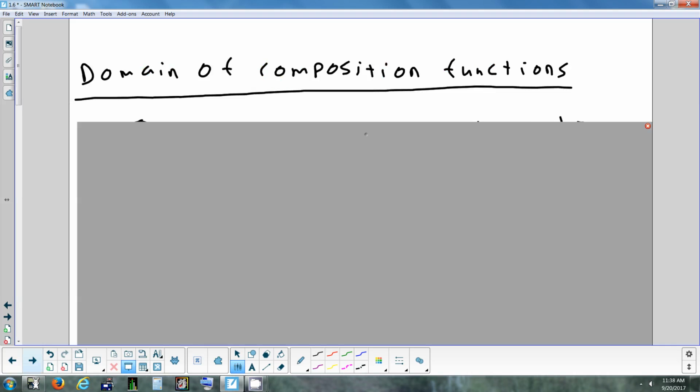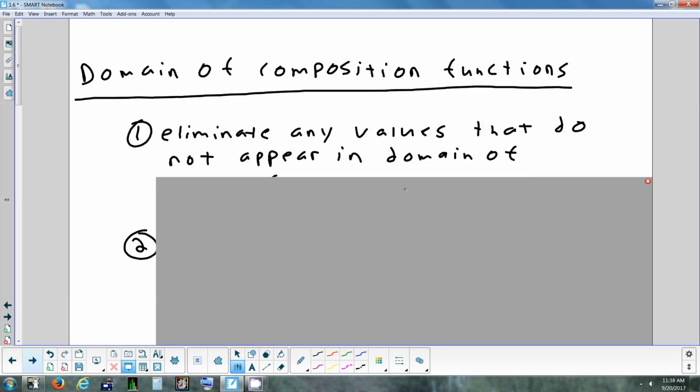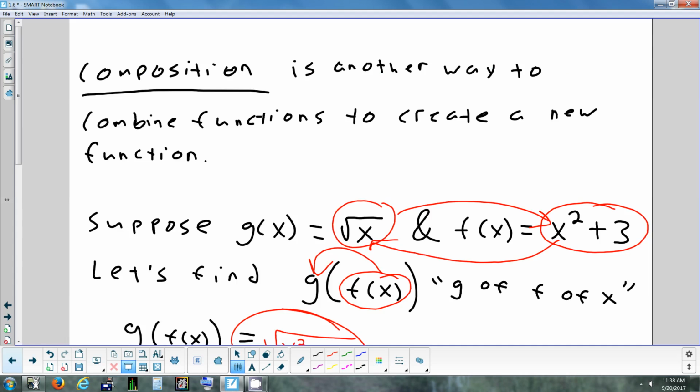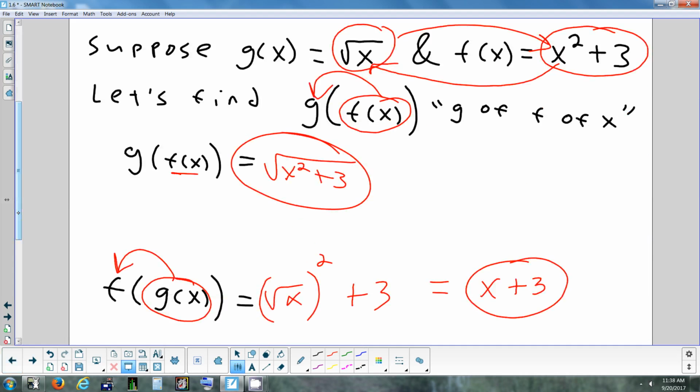All right, so how do you find the domain when you do a composition? Okay, it's 2 steps. The first thing you have to look at is what I call the inside function. Okay, I'm going to go back for a second. What do I mean by inside function? I mean this one.